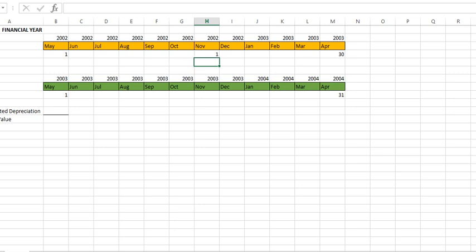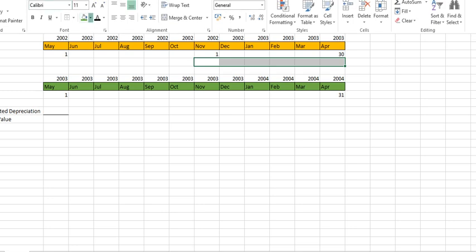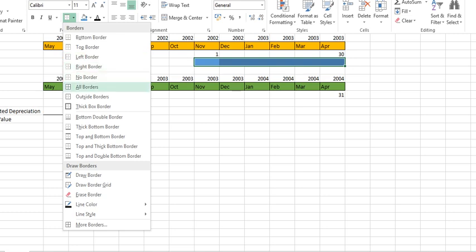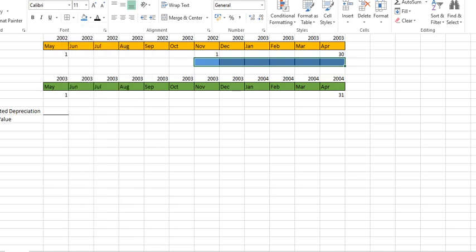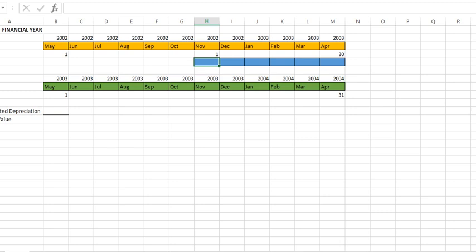November 2002. So during the 2003 financial year, we held this vehicle for the period from the 1st of November 2002, or 31st of October, up until the 30th of April, so for 6 out of 12 months.